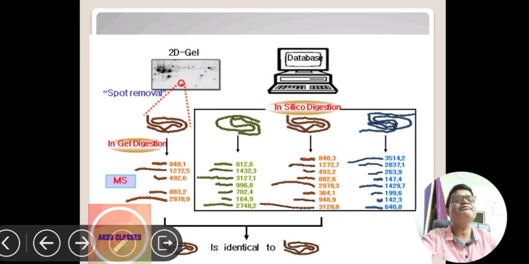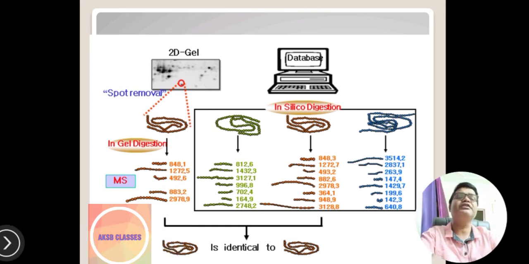If there is a specific appearance in the spot, then we take it out from the gel, and isolate and purify the protein from the gel or from the paper chromatogram. After isolating the protein from the paper chromatogram, we proceed for 2D gel electrophoresis. Then again we refine the protein, to see whether it is different or the same.